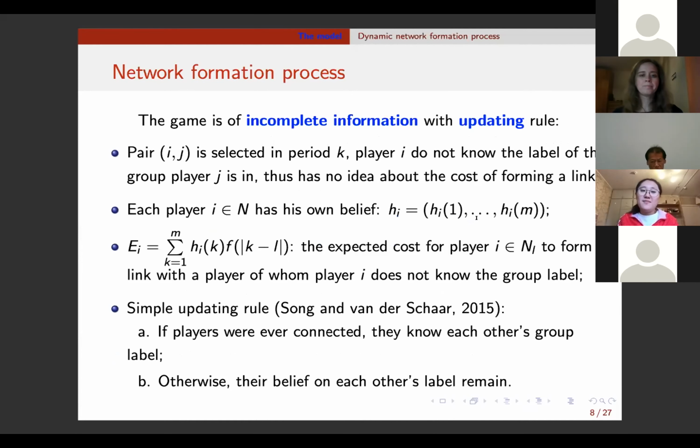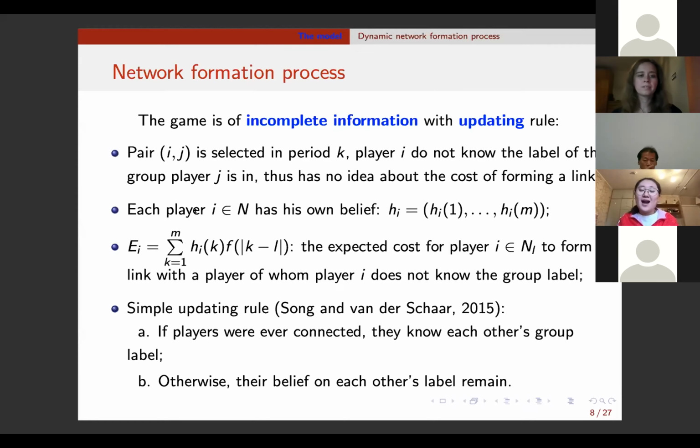And the game is of incomplete information, since if in a period a pair of players is selected, they will not know the cost of forming the links because they don't know the label group the other player is in. But each player has his own belief or knowledge.